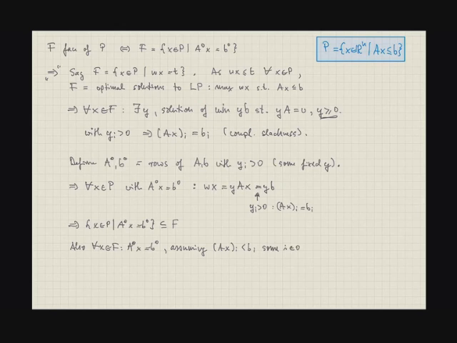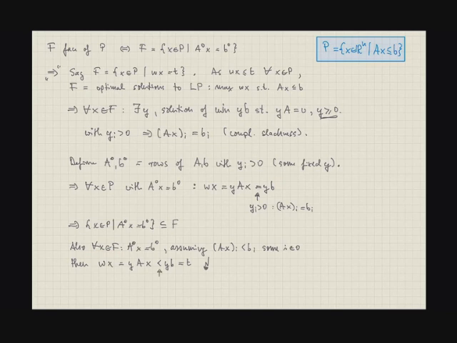Okay, and then we would get that w times x by the dual constraint is equal to y times A times x. And now I claim that this would then be smaller than y times b, which is equal to t, which contradicts our assumption that x was an optimal solution. And why do I have this strict inequality here?